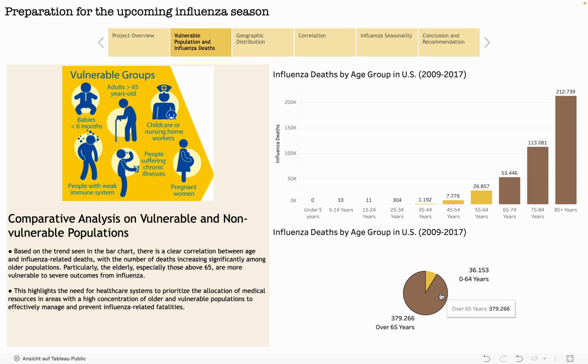The pie chart also confirms that older people are at higher risk of serious outcomes from influenza. This data highlights the need for the healthcare system to prioritize the allocation of medical resources in areas with a high concentration of older and vulnerable populations.